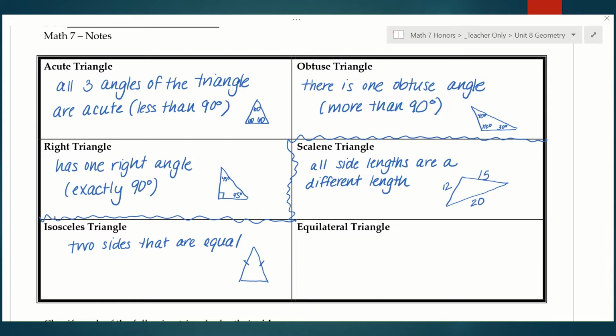Okay, and the last way that you can classify a triangle by its sides is to say that it's an equilateral triangle, which means all of the sides are equal. And if you saw a picture of it, you would see these marks showing that all the sides are the same.